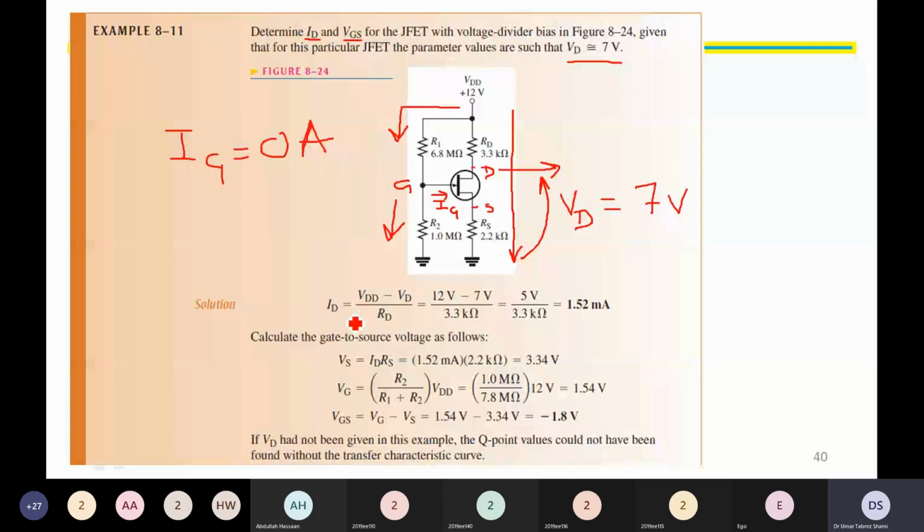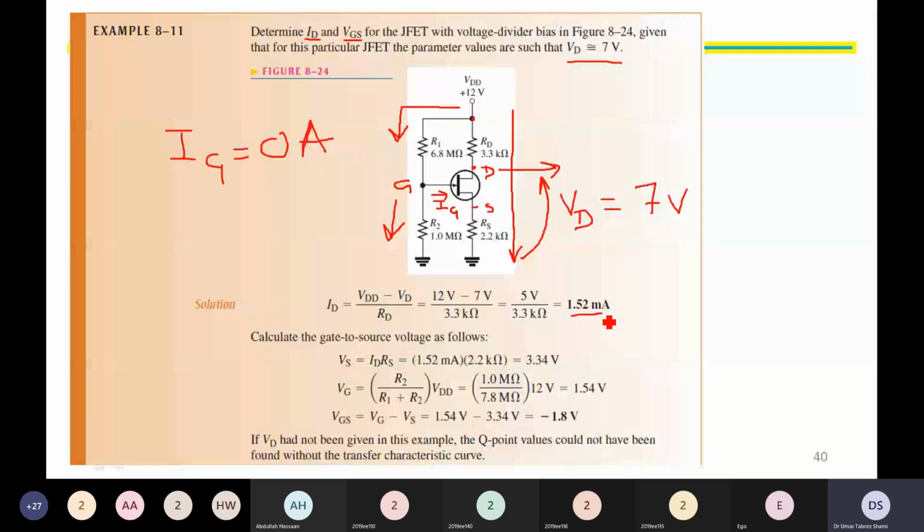minus VD over RD. We know the voltage at D, we know the voltage VDD, and we also know the value of RD. So we can easily determine the current through RD: 12 volt minus 7 volt divided by 3.3 kilo ohms, which is equal to 1.5 milliampere.